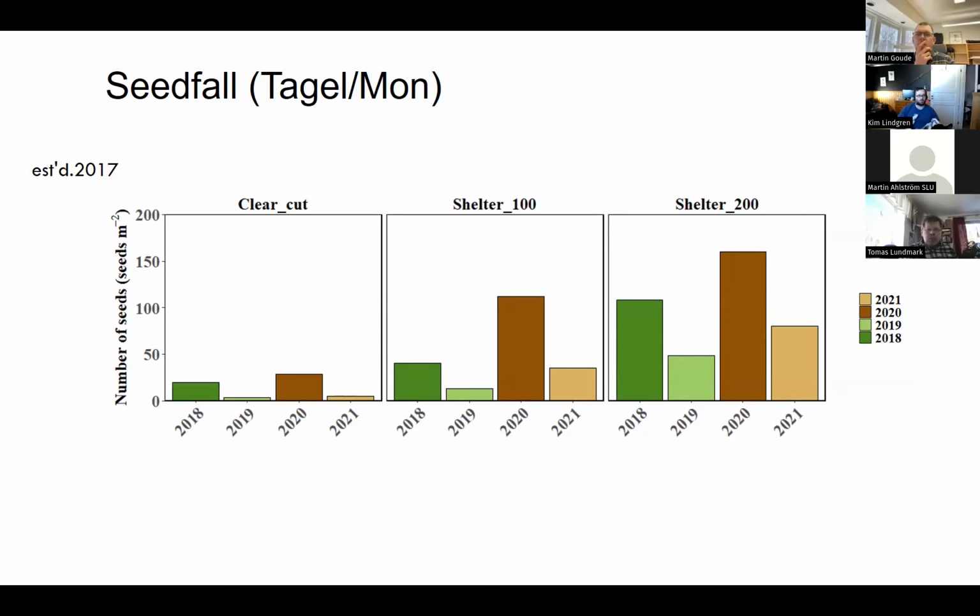When you do the release cut, you remove most or some of the trees, reducing the competition for the trees that are retained. So you reduce the competition for both light and nutrients, and that's why they respond by producing more seeds. And again, this effect cannot be realized earlier than 4 years, because it takes 3 years to develop the seeds for pine.